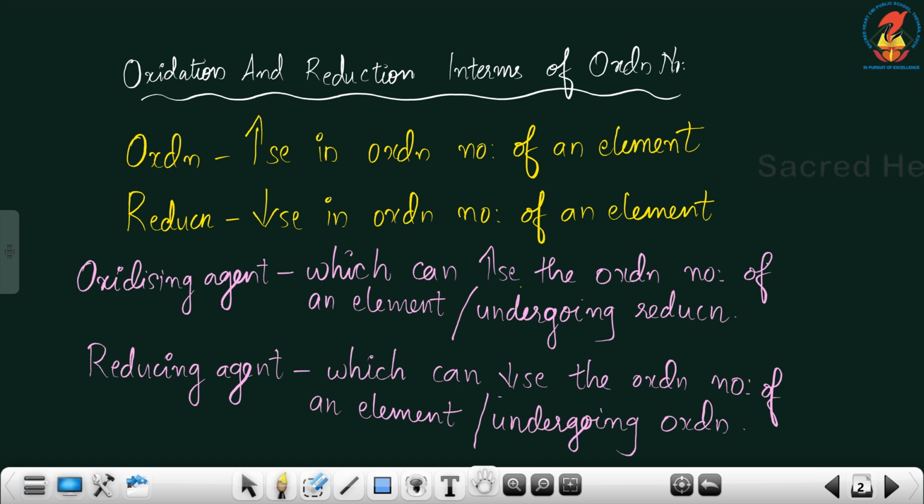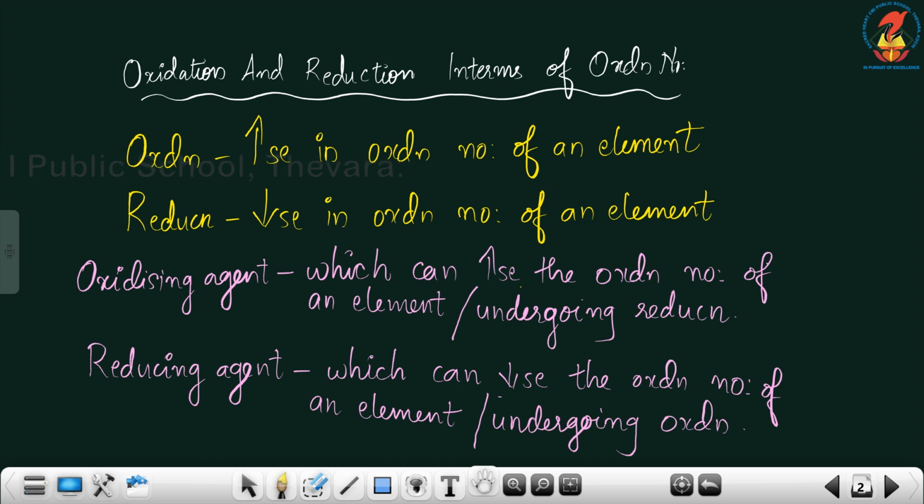Now a reducing agent is one that itself undergoes oxidation, meaning there will be an increase in its own oxidation number, but it can decrease the oxidation number of another element or species.